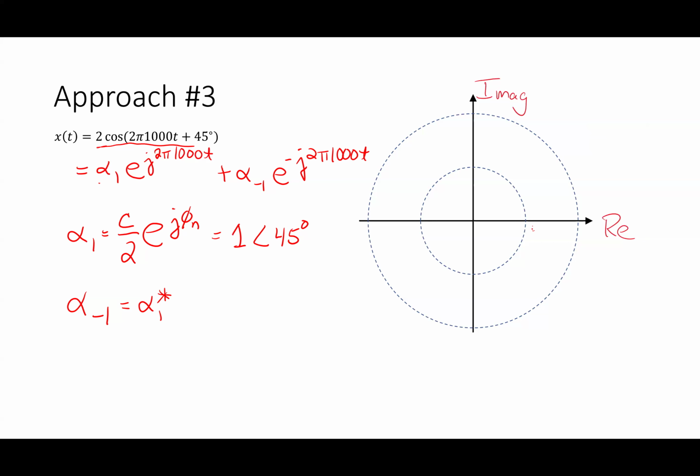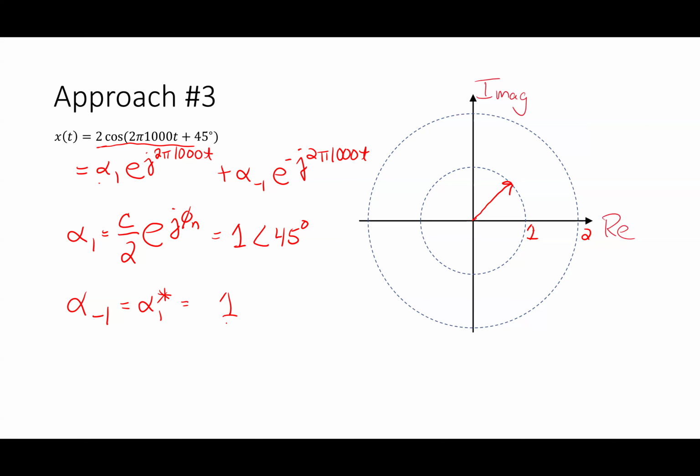I drew a circle here with a radius of 1, a circle here with a radius of 2. Where would I put alpha 1 in the complex plane? 1 angle 45 degrees. Where does that go? It would be there, right? So its conjugate, what's the conjugate of 1 angle 45 degrees? The magnitude's still 1.